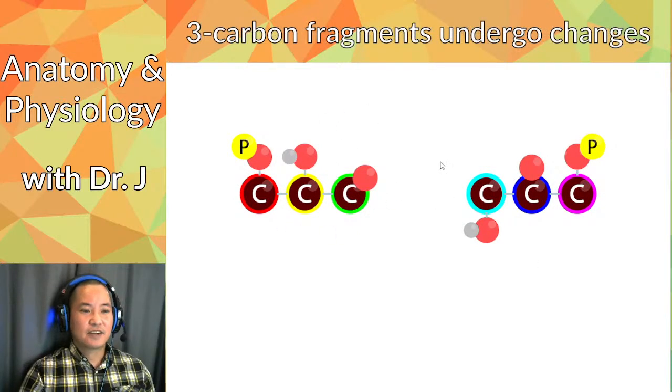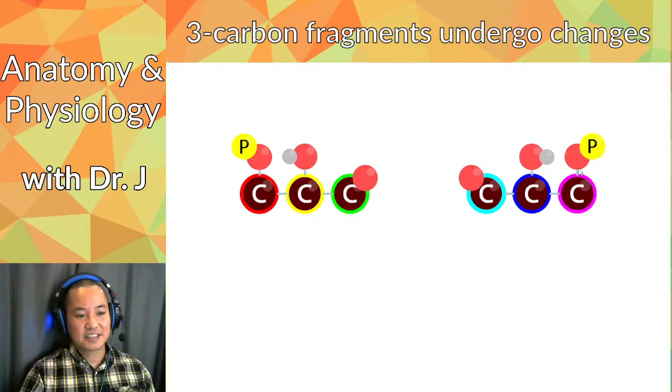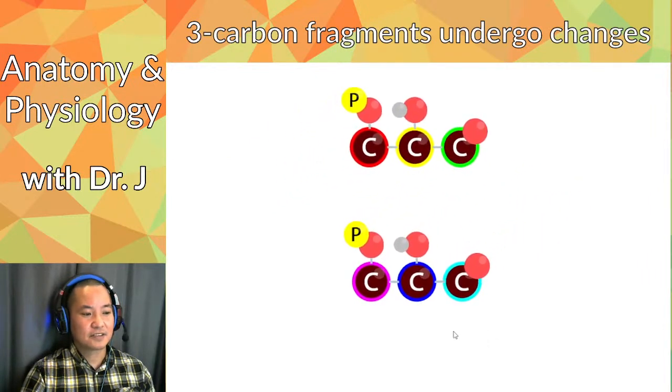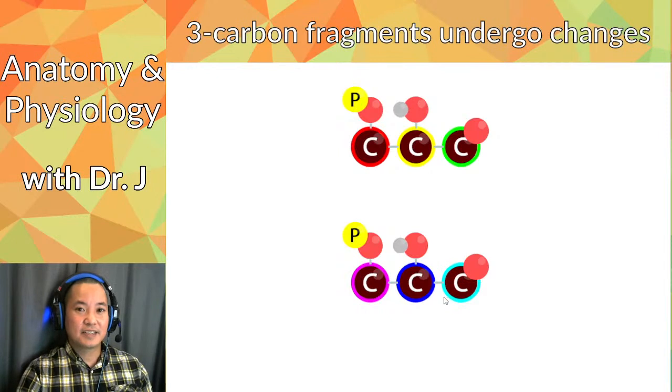These 3 carbon fragments undergo changes, and what changes do they undergo? They undergo metabolic changes, and they start shuffling their atoms around. But even though their atoms are shuffling around, they still have 3 carbons. Eventually these 2 molecules with 3 carbons end up being identical.